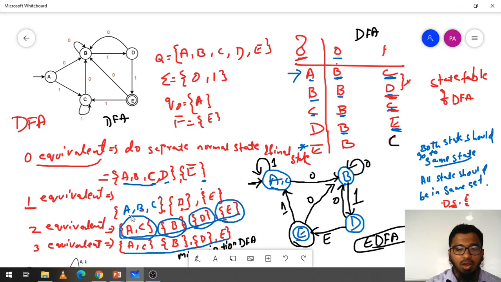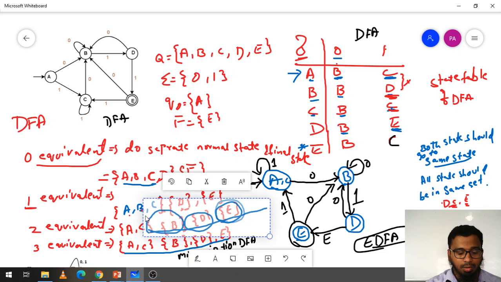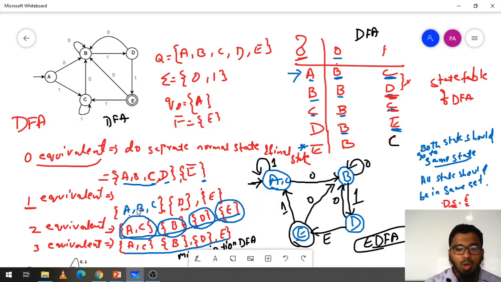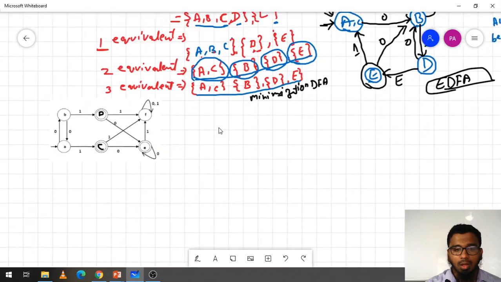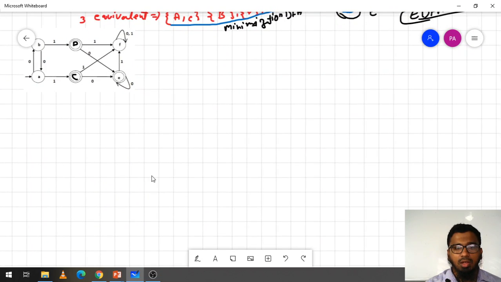Can you see here, one set, two set, three set, that should be in the same set. That condition is also needed. So this is a normal DFA, and this is after doing minimization of DFA. Fine. So today we are going to see this.